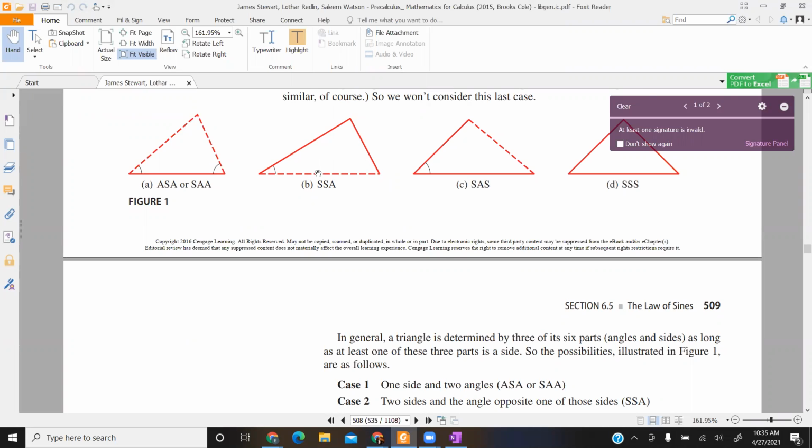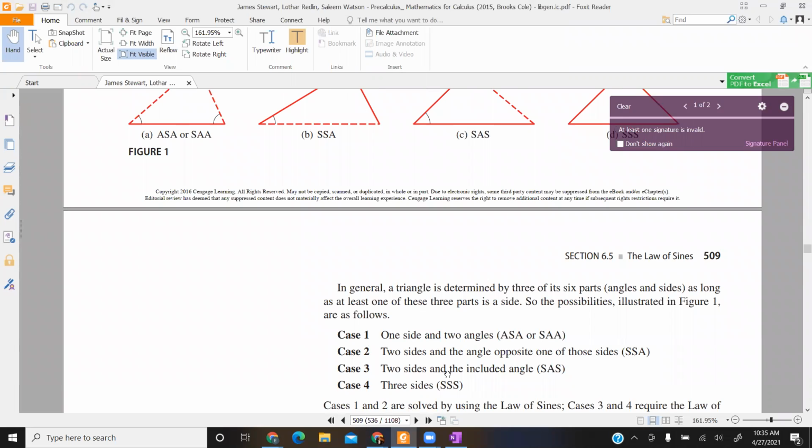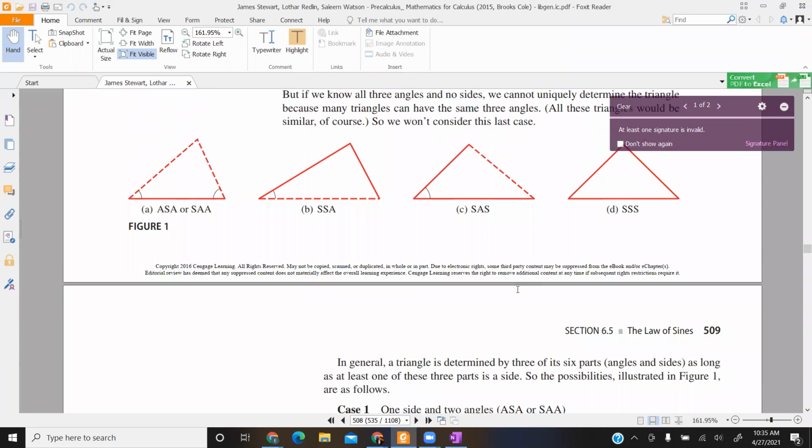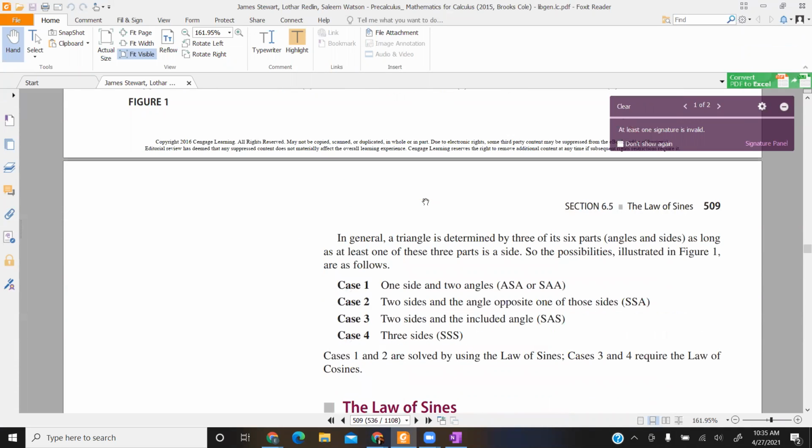But we had these two other cases, 3 and 4, where two sides and an included angle, or all three sides are known, that you could not apply the law of sines to. So here are examples of the last two cases. So side, angle, side. You're given two sides and an included angle. I guess that's the term they use.